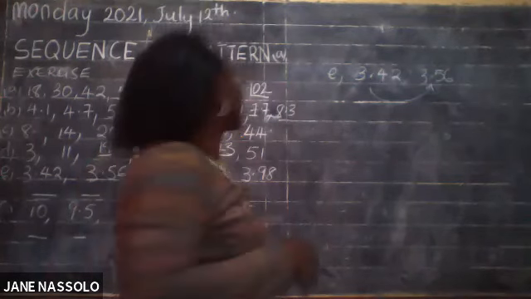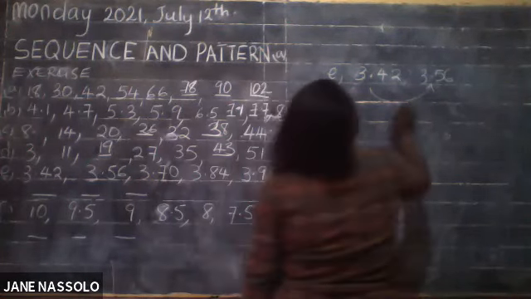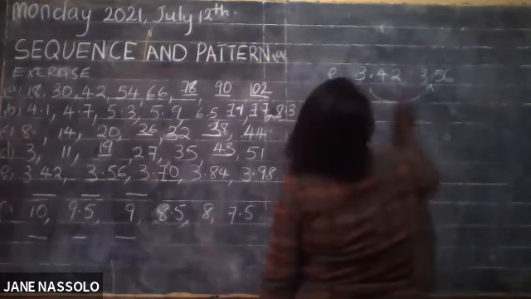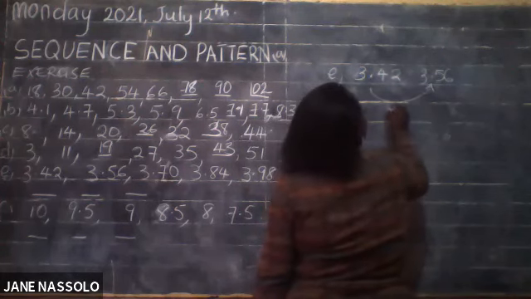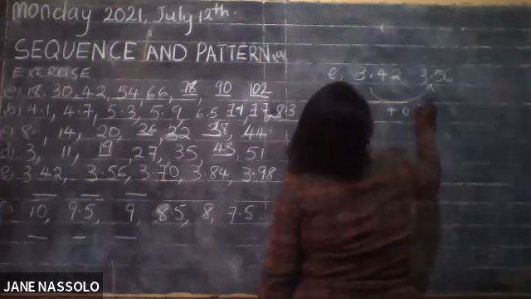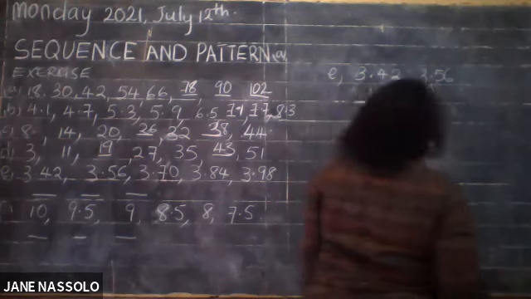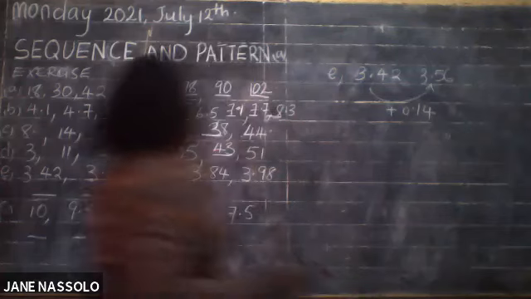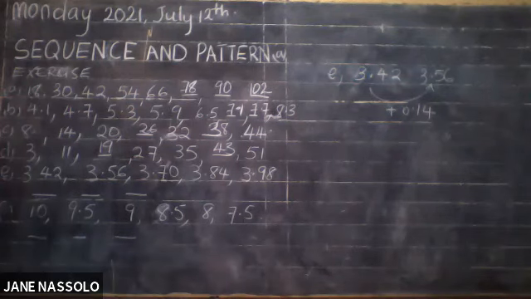We added 0.14 to obtain the next number. You add 0.14 to obtain the next number.